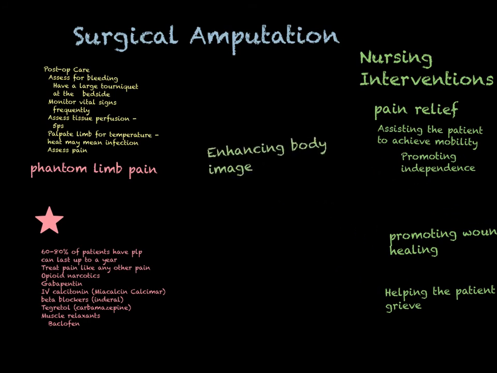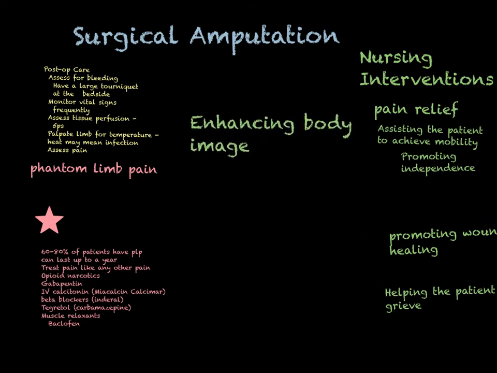So we come to another really, really big topic. Body image disturbance is going to be one of your priority nursing interventions for anybody who has just suffered the loss of a limb. And this is obvious. We talked about it in Human Needs, and we're going to talk about it again, specifically to the person who has lost a limb.